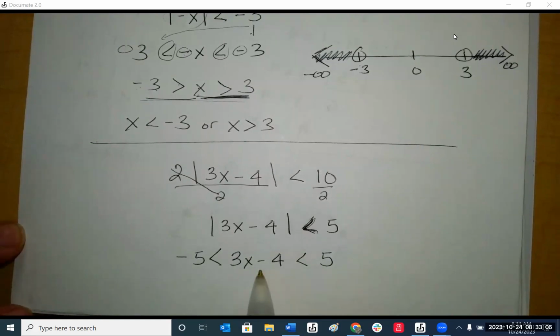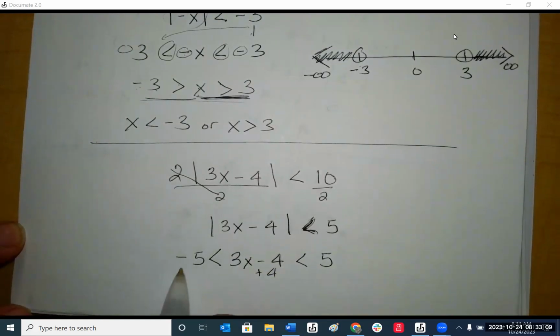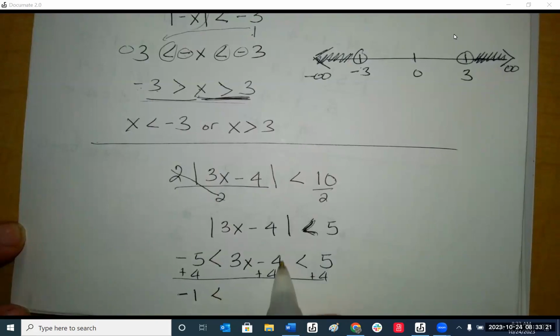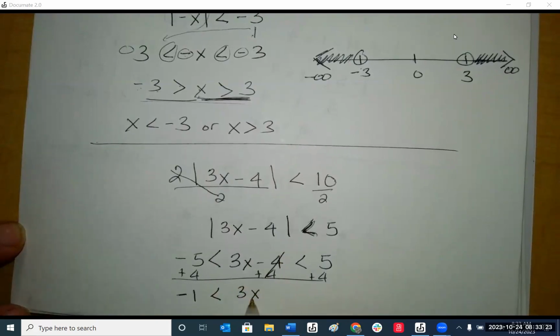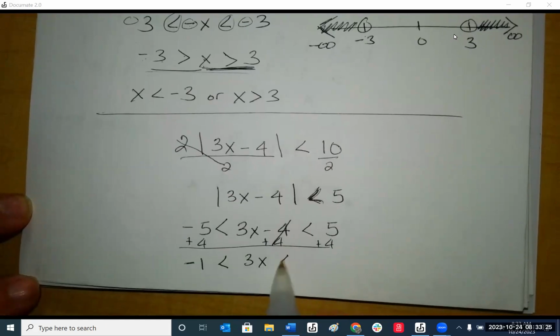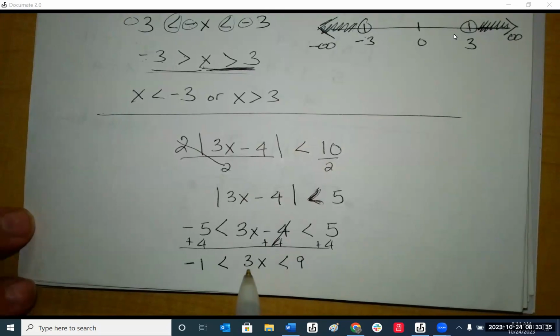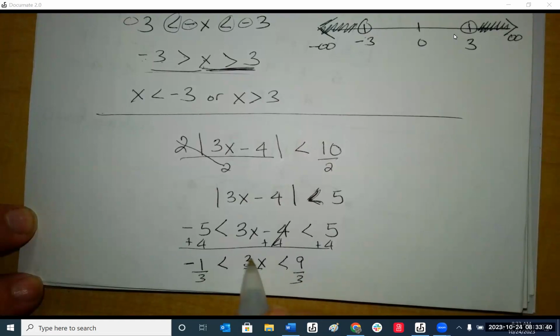Now we solve for x. Add 4. Negative 5 plus 4 is negative 1. 3x. 5 plus 4 is 9. And the last step is get the x by itself. Divide everybody by 3.